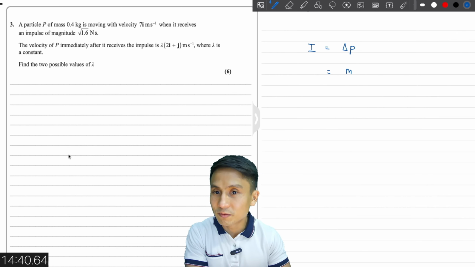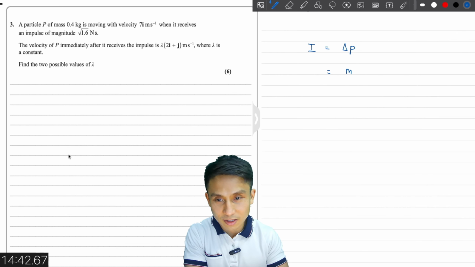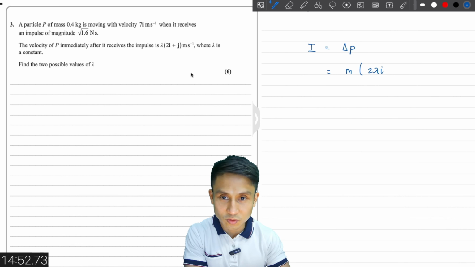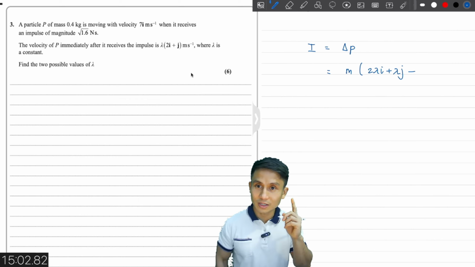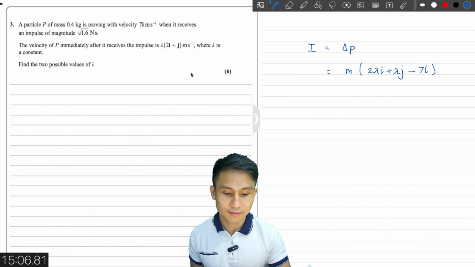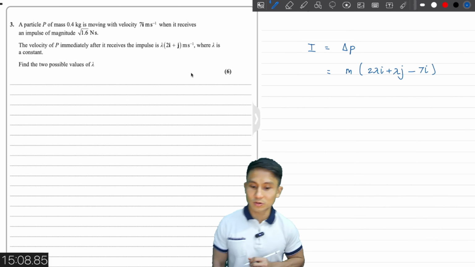So v is just 2 lambda i plus lambda j, that's the velocity after the impulse, minus the initial velocity, which is 7i.